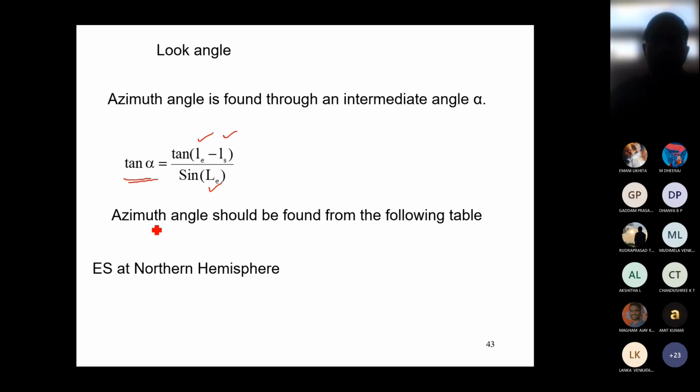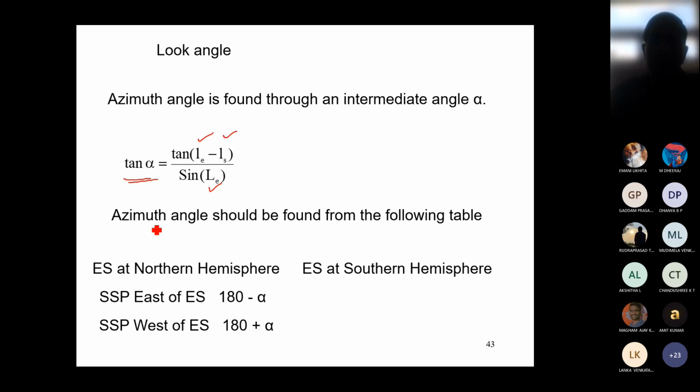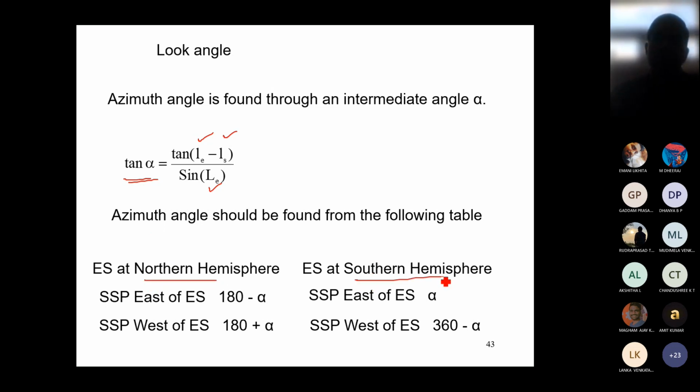First of all, we have to decide whether the Earth station is in the northern hemisphere or the southern hemisphere. We can find that out from the latitude value.